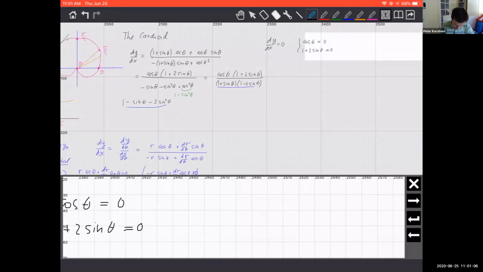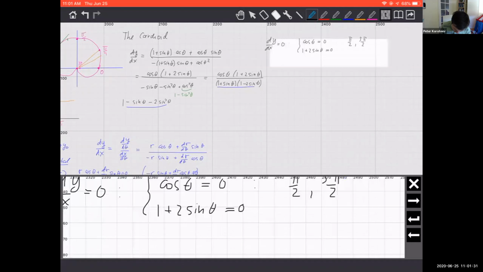So cosine vanishes at pi over 2 and 3 pi over 2, and that's it, because theta varies only up to 2 pi. For the second equation, sine theta is equal to minus 1/2, so it's negative 30 degrees and negative 150 degrees.